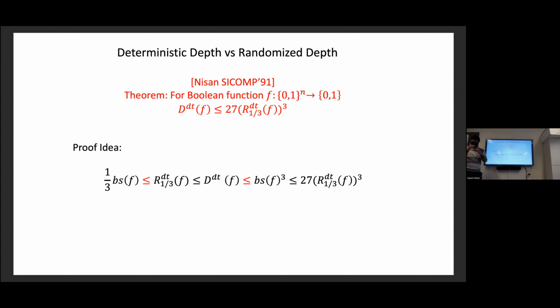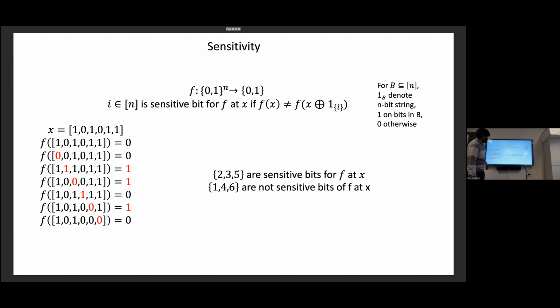So he had this proxy, which up to polynomial loss characterized deterministic depth for us. The only thing then he needed to do was to show that block sensitivity is also a lower bound on the randomized depth. Okay, and that's what he did. He showed that block sensitivity is also a lower bound on the randomized depth, and that's how he got his cubic relation.